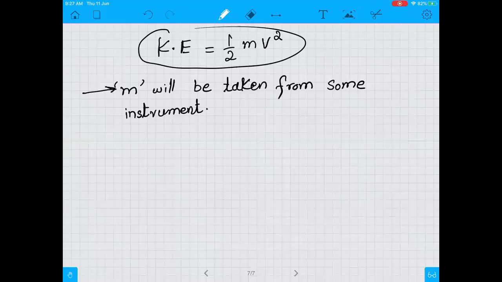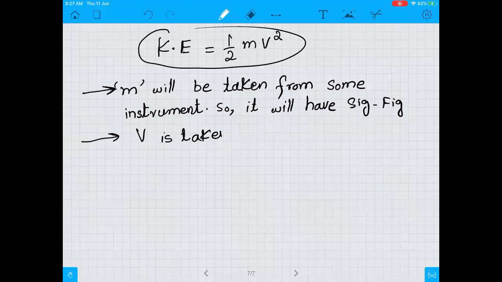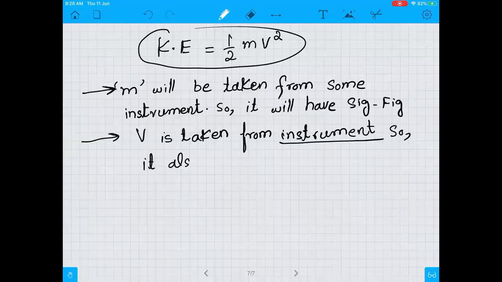You use some instrument for the mass to calculate m, so it will have significant figures. In the same manner, v is taken from an instrument. So for v you will also use some instruments, hence it also has significant figures.